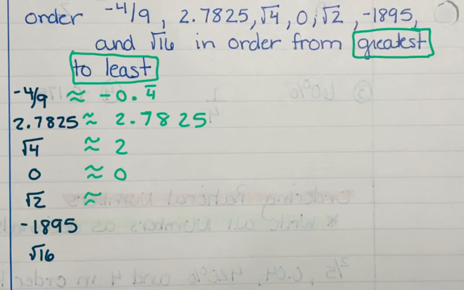Now this one is not a perfect square. And there is a way to calculate that on your calculator. What you can do is you're going to hit the second button. And you're going to find the button that says x squared. And right above it, you're going to see the square root button. So you're going to type in 2 and then close the parentheses and hit enter.